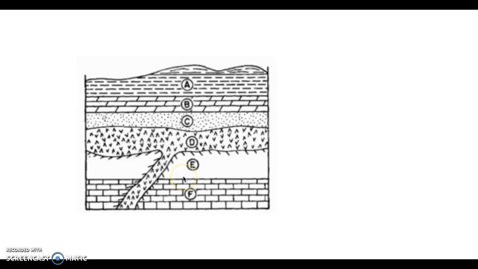Now, D is right on top of E. So this igneous intrusion came up after E was deposited and settled itself on top of E. So F deposited, E deposited, D as an igneous intrusion came up through, C deposited on top, B deposited on top of C, A deposited on top of B, and then A was eroded a little.